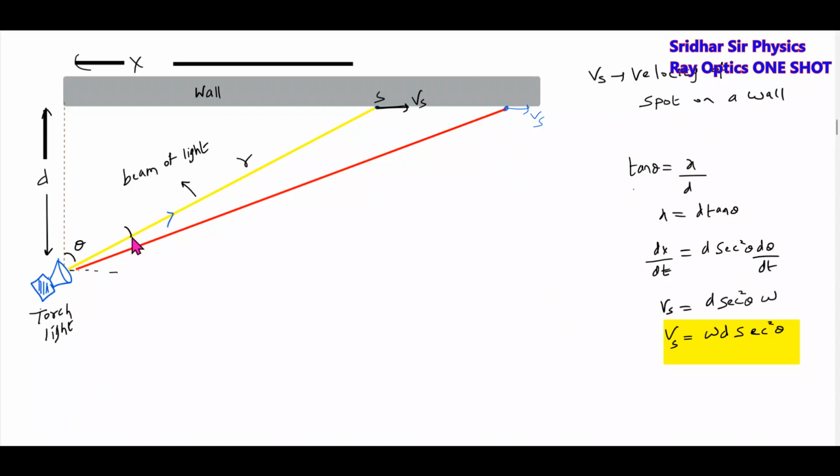Here we are rotating the torch, and the spot will move along the wall only. So v equals dx by dt, and theta will be varying, no? Earlier it was making theta, now it will become theta plus d theta. So definitely theta is varying, and this will become dx.